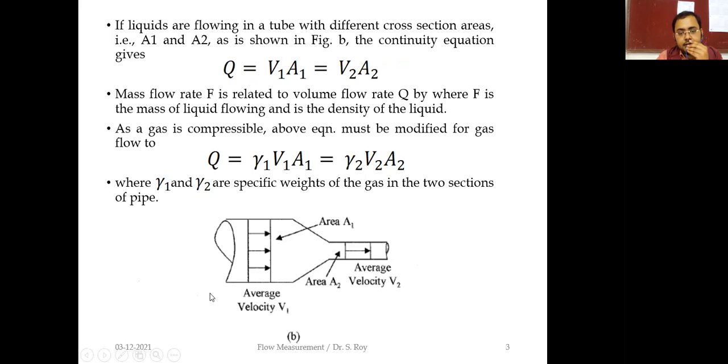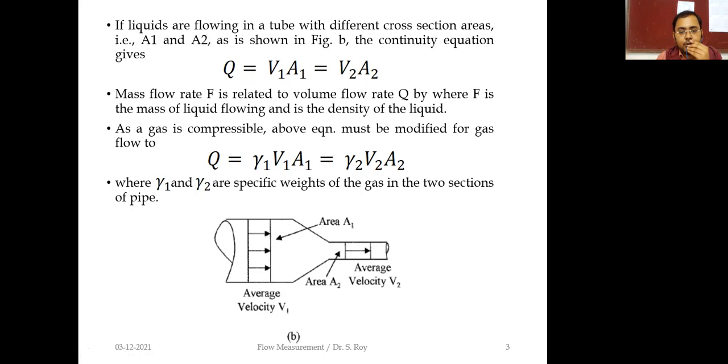If I take this diagram B, I have 2 points. This is point number 1 and this is point number 2, and it is clearly observed from these sections. Point number 1 has the cross-sectional area A1, and point number 2 has the cross-sectional area A2, and both are not the same. A1 is higher than A2. As per the continuity equation, the flow rate should be constant throughout the system.